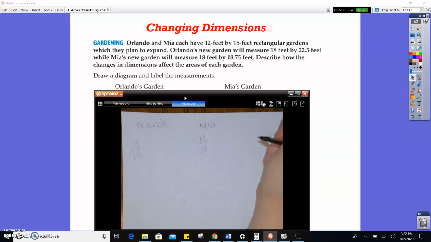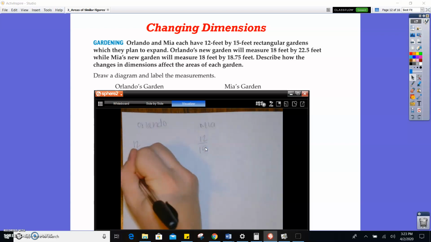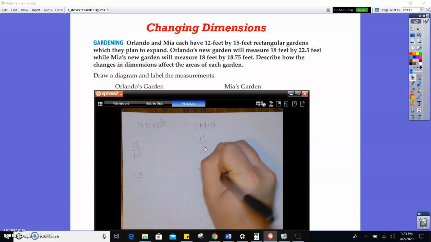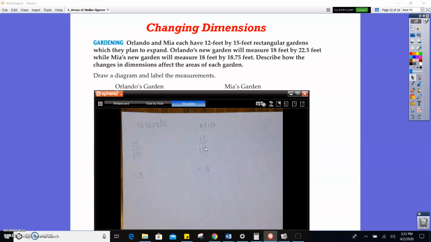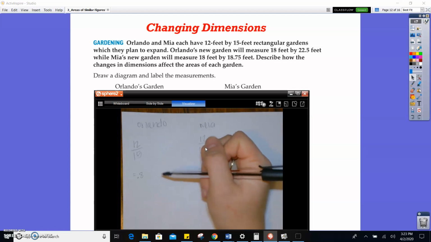Now, for the new gardens to be similar, they would have to be proportional to 12/15, so they would have to be equivalent. When you divide 12 by 15, you get a value of 0.8. So both those original dimensions had a value of 0.8. So the new dimensions, for them to be proportional, would have to simplify to the same value.